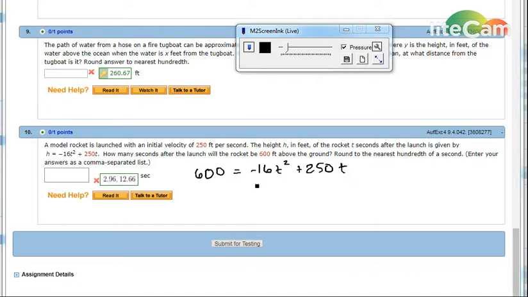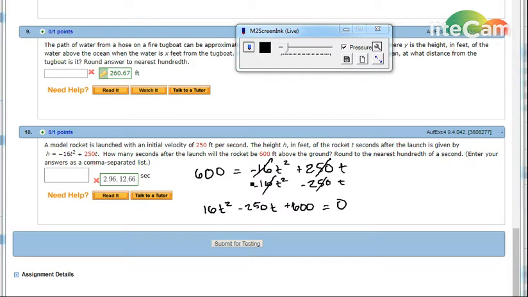Let's rearrange the equation by adding 16t squared to both sides and subtracting 250t. So this comes to the left side as 16t squared minus 250t plus 600 equals 0. We're able to cancel these terms on the right.